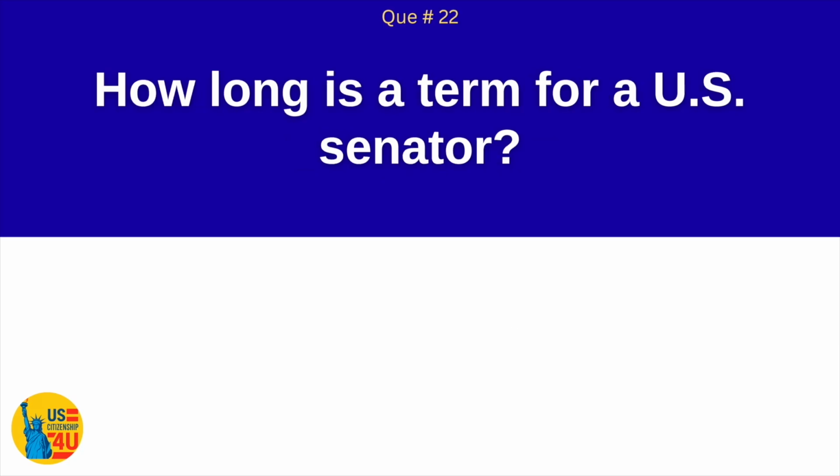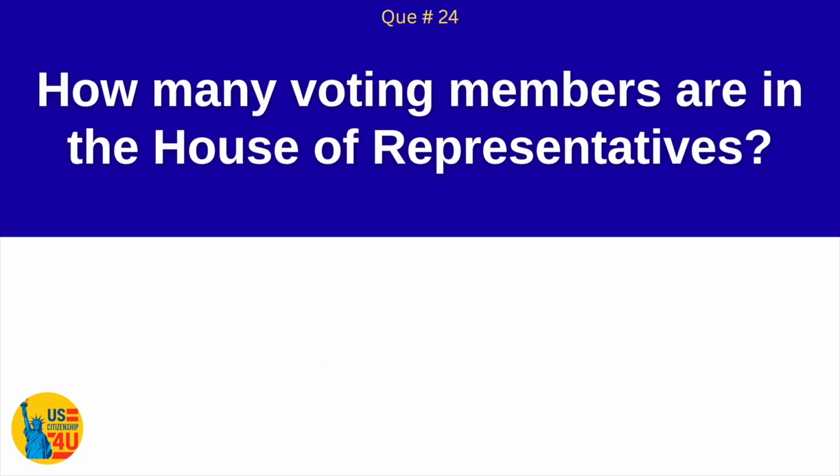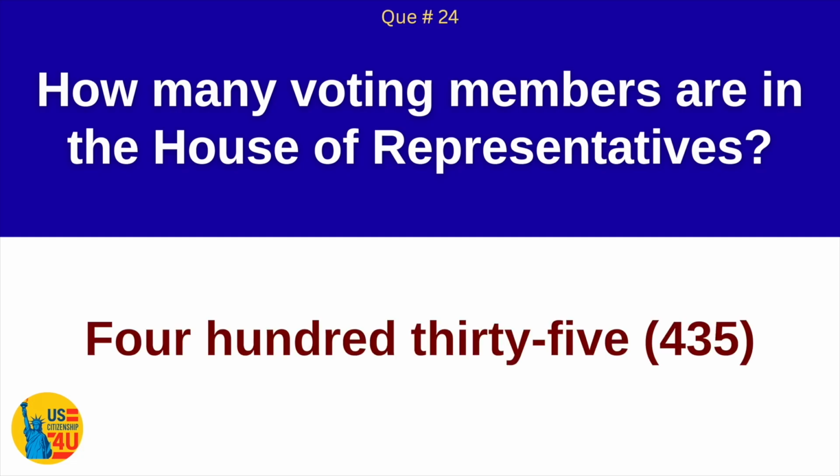How long is a term for a U.S. Senator? Six years. How many voting members are in the House of Representatives? 435.